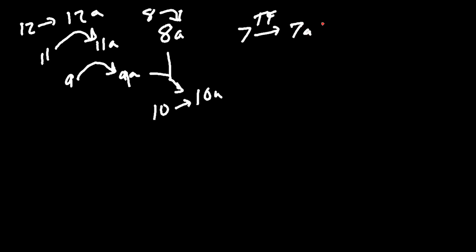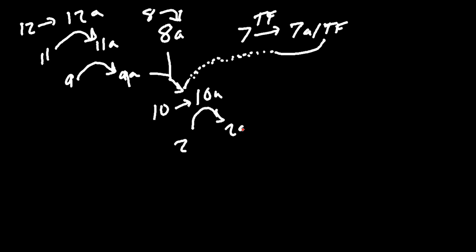So this 7A tissue factor complex will also do the same thing. So we have 10 to 10A. 10 to 10A will make factor 2 to 2A active. 2 is also known as prothrombin. So our active form is going to be called just thrombin.